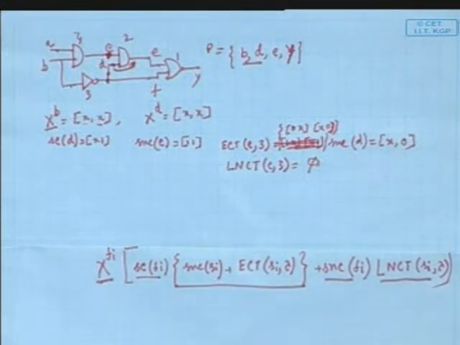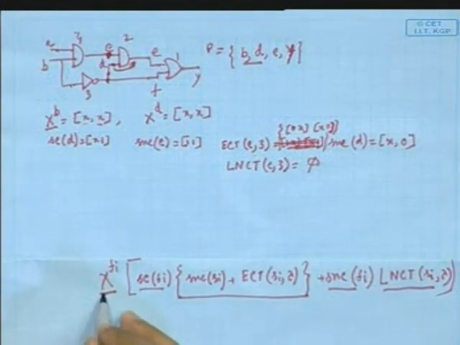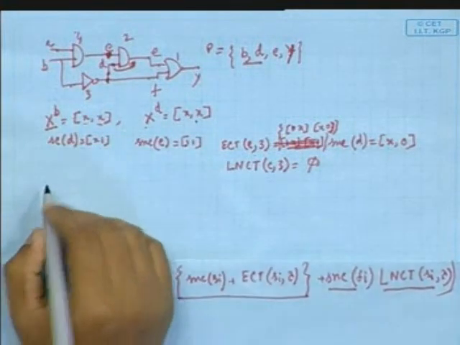So how do we add and multiply? Yes, I'm coming. So first thing is that xd is given by x and x. So I'm writing the full expression.